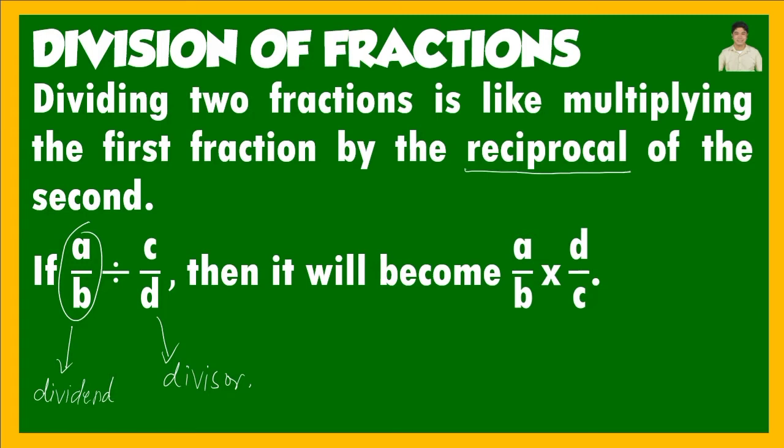The divisor is C over D, so we take its reciprocal, D over C. After we get the reciprocal, that is the time to apply our rules in multiplication of fractions. We can also use the cancellation method since we are talking about multiplication of fractions.